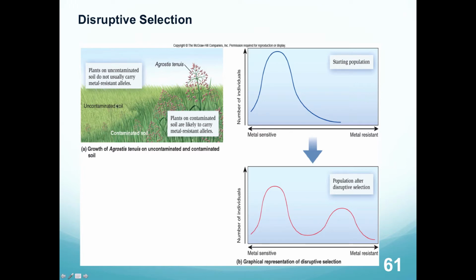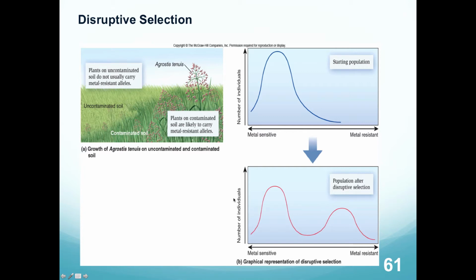Grasses growing immediately next to them that are not on contaminated soils will continue to adapt to their normal soil environment. When you cross the two, there'll be selection against the hybrids, because the hybrids will not be able to survive as well as individuals that are well adapted to the contaminated soil, but they'll also not be able to survive quite as well as the individuals that are adapted to normal soil.